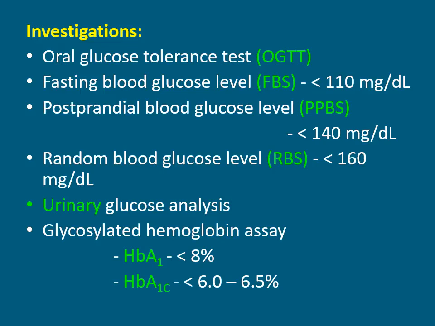Urinary glucose analysis, glycosylated hemoglobin assay. Glycosylated hemoglobin is less than 8%. HbA1c less than 6 to 6.5%. These are the investigations of diabetes patients.